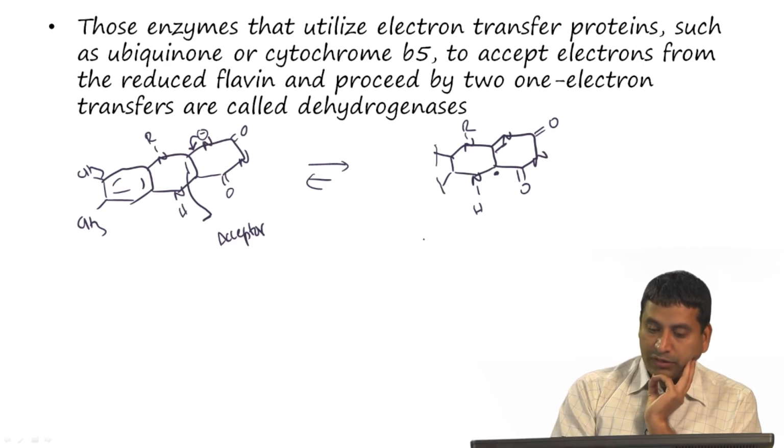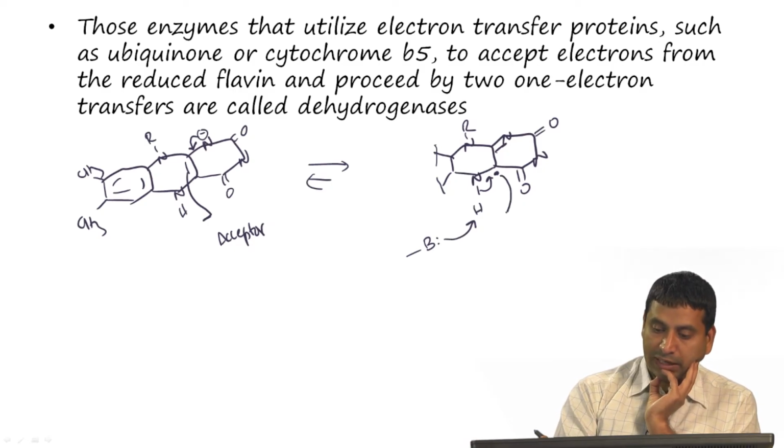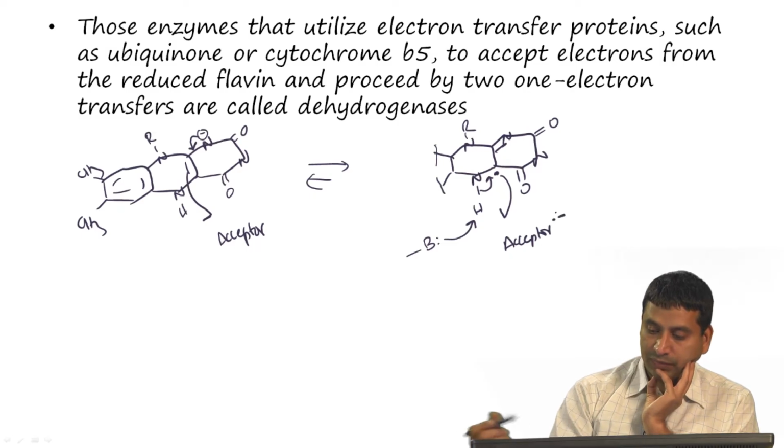And now, you can imagine that there could be a base from a protein, which then picks up this hydrogen and it transfers 2 electrons over here, and this is in turn given back by a 1 electron process to the acceptor dot minus. Okay.